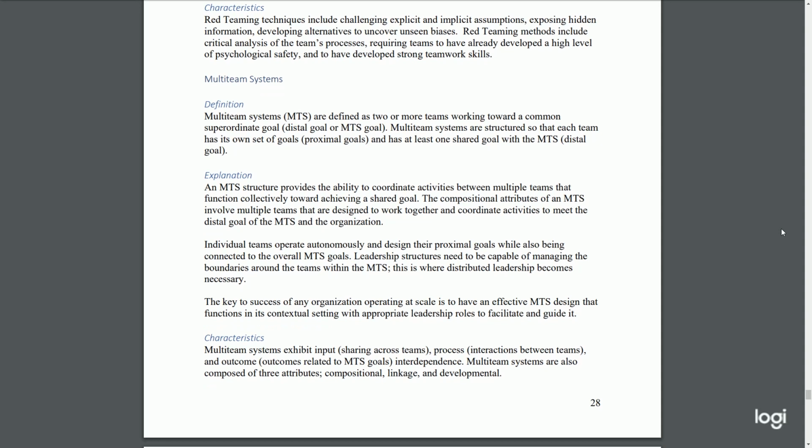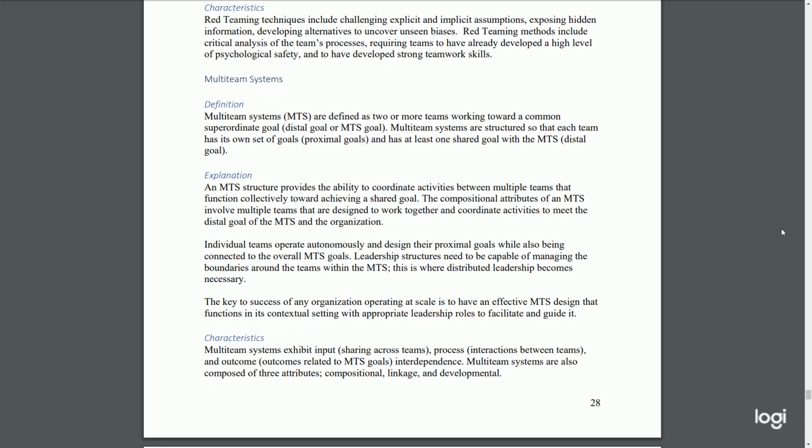Explanation. An MTS structure provides the ability to coordinate activities between multiple teams that function collectively toward achieving a shared goal. The compositional attributes of an MTS involve multiple teams that are designed to work together and coordinate activities to meet the distal goal of the MTS and the organization.